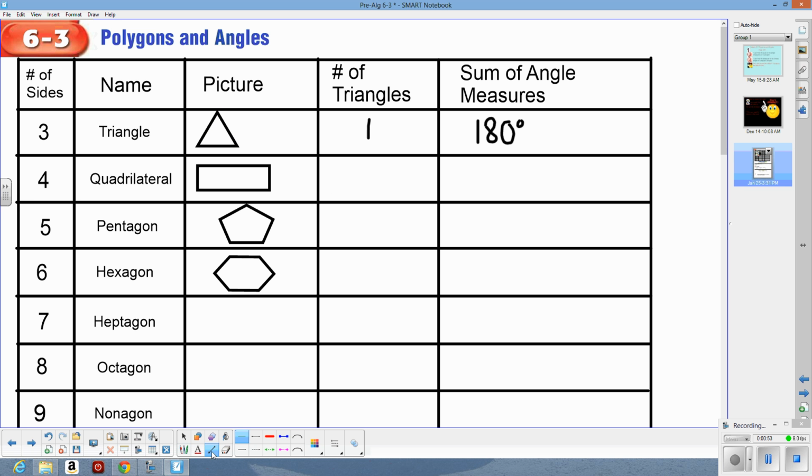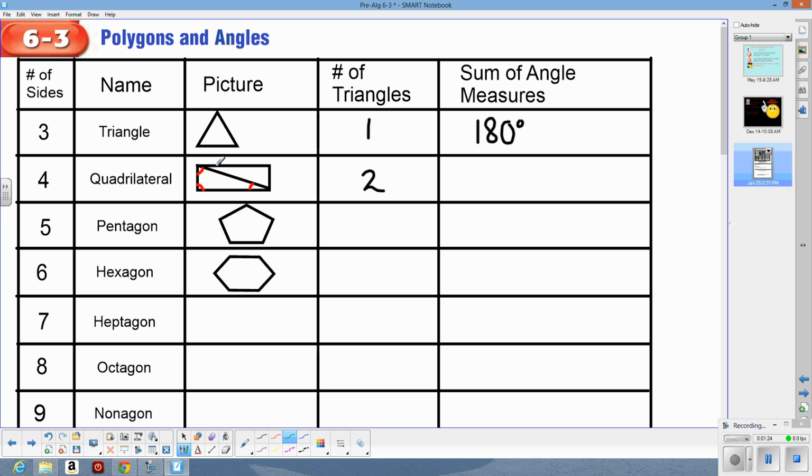Next, we have the quadrilateral. A quadrilateral is a polygon with 4 sides. Now, I can divide a quadrilateral into 2 triangles. Now, you could divide it into more than that, but we're looking for the fewest number of triangles you can divide it into. It can be divided into 2 triangles, and if you take this angle and this angle, that's a total of 180 degrees.